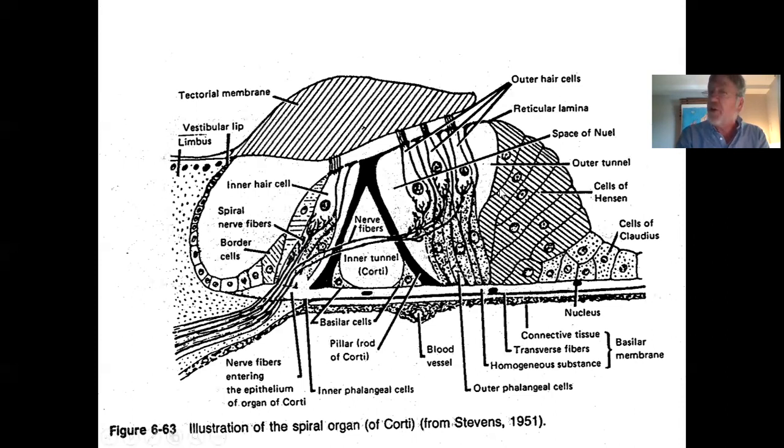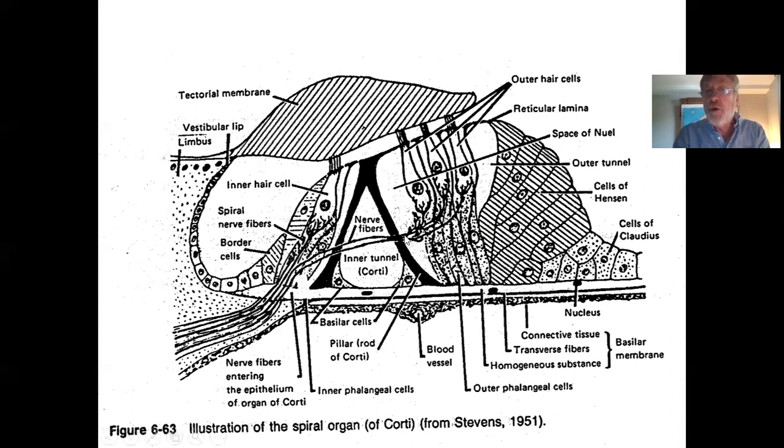Outer hair cells aren't. The nerve they are in cahoots with is called the olivocochlear bundle. It goes from the low brainstem, the superior olivary complexes of the low brainstem, which we will look at more later on in this course, okay? Basically, all right, they run in the opposite direction.